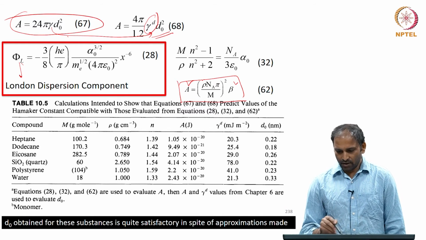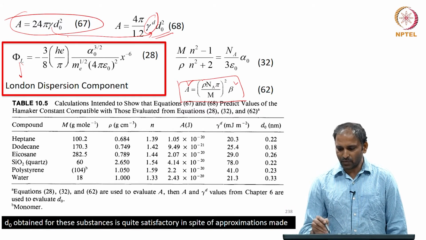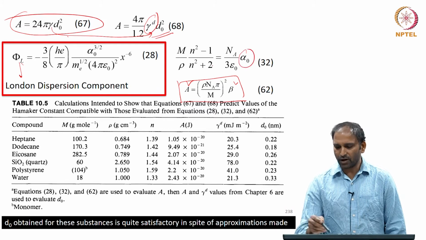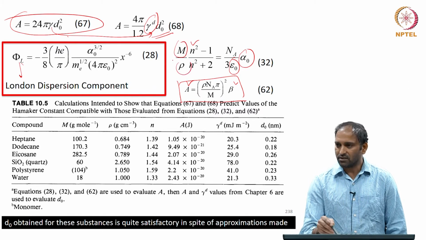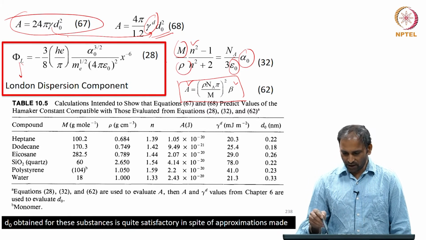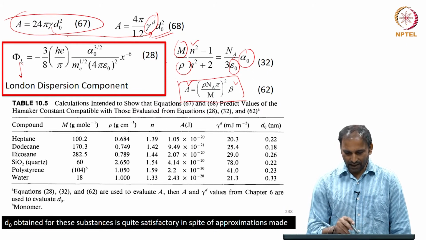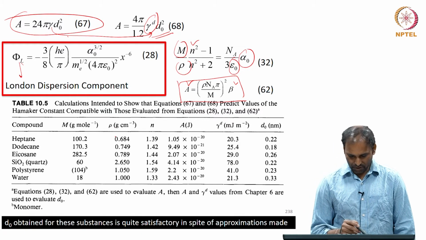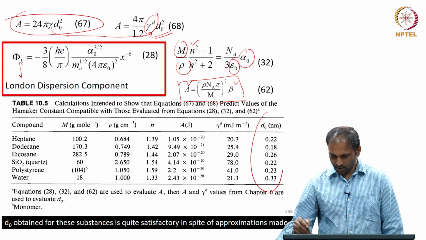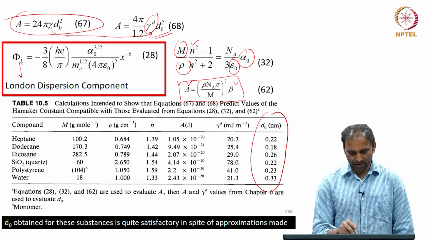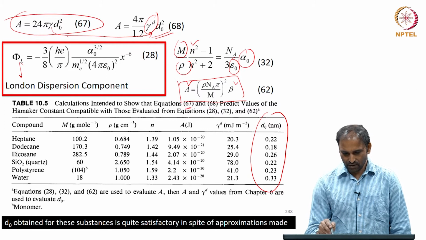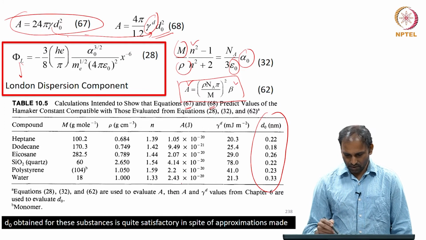There are also expressions where I can relate the polarizability and the permittivity to refractive index and molar mass and so on. So what has been done here is they have calculated D naught. So these are equations 67 and 68, these two.